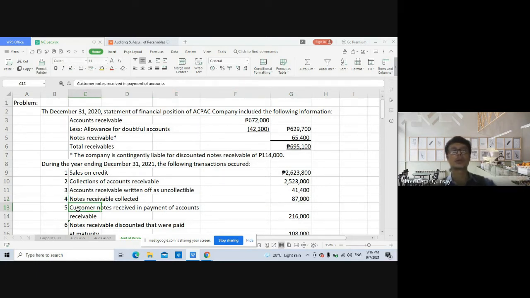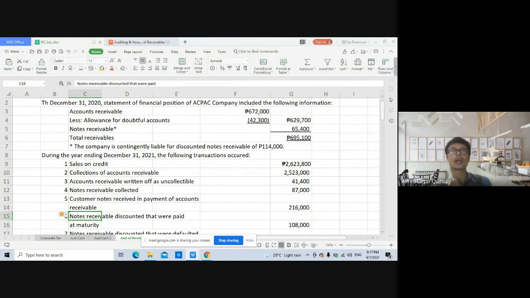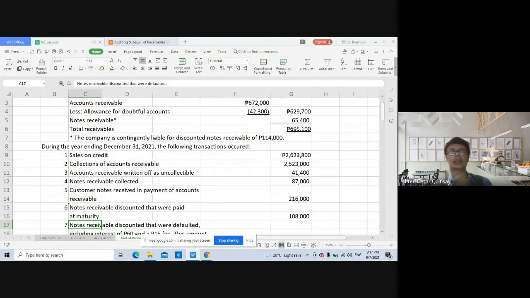Number five, customer notes received in payment of accounts receivable, 216,000. Next, notes receivable discounted that were paid at maturity, 108,000. Later we will make the journal entries; for now we are just showing the overview.